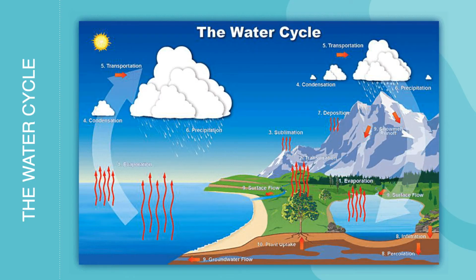Let's learn about the water cycle. Earth's water is always in movement, and the natural water cycle, also known as the hydraulic cycle, describes the continuous movement of water on, above, and below the surface of the Earth. Water is always changing states between liquid, vapor, and ice, with these processes happening in the blink of an eye and over millions of years.